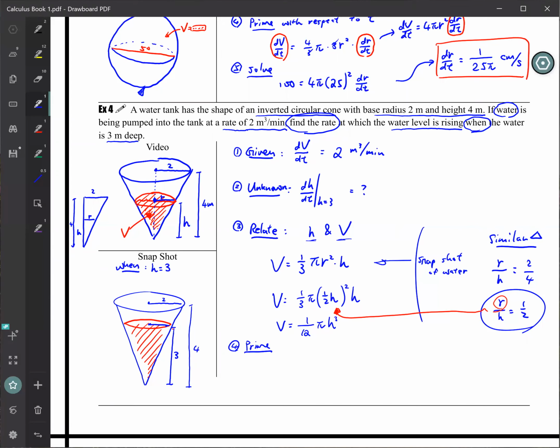Is there anyone having trouble doing prime? I have a question. How would you prime pi? Pi is a constant, right?